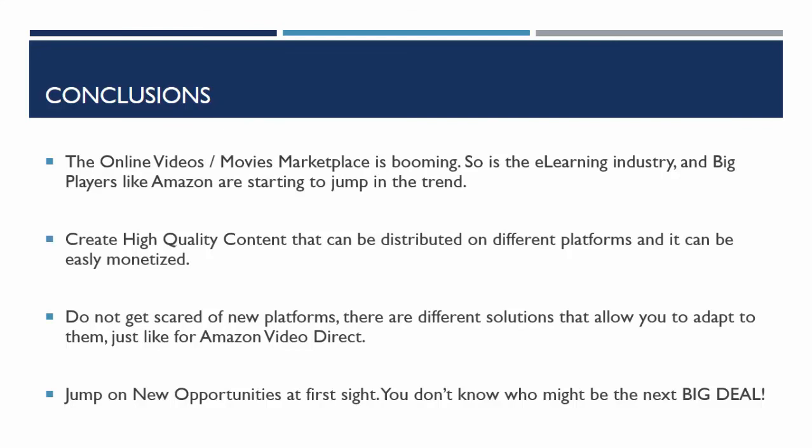This is what happens with new platforms. Not all of them will be big hits, but if you are publishing your content on all of the new platforms, one of them will get to the top, and you will be there from the beginning, creating a huge following and practically taking your business to the next level. So jump on new opportunities, because you never know which one of them might turn out to be your greatest decision up to this point.